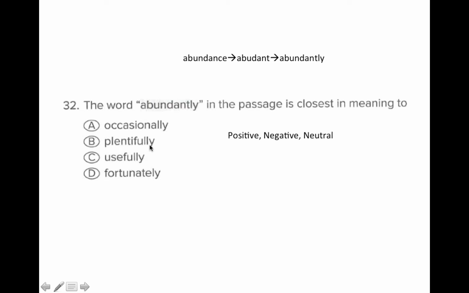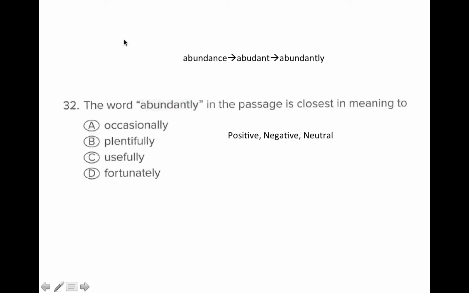In this case, something that is abundant also, again, has kind of a quality of positivity to me. So as we look at the other answer choices, plentiful and fortunately definitely have a positive quality to them. Occasionally and usefully are more neutral to me, so maybe those can be eliminated.